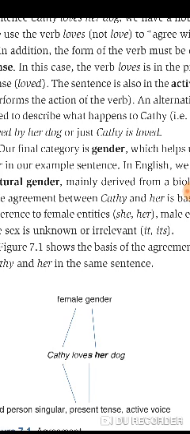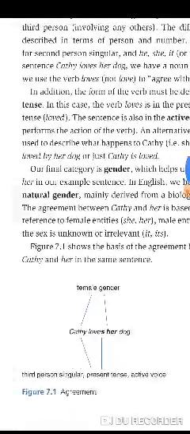So we say feminine and masculine. Masculine means man, feminine means women. Male or female. Male means man and female means woman.